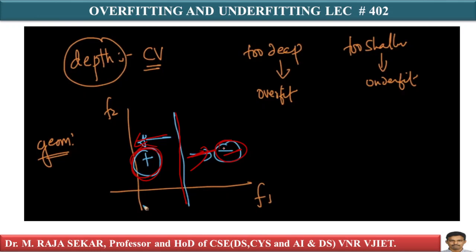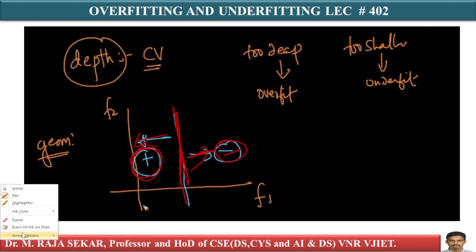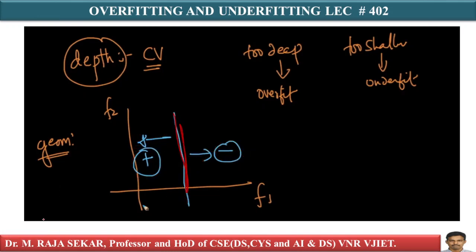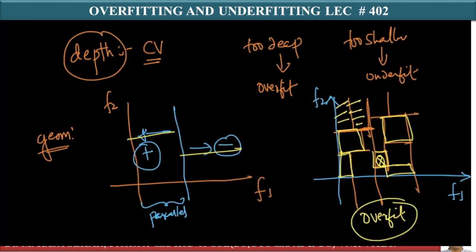And this hyperplane is an axis parallel hyperplane. This is known as an axis parallel hyperplane, isn't it? This is what's happening, especially in a decision stump.